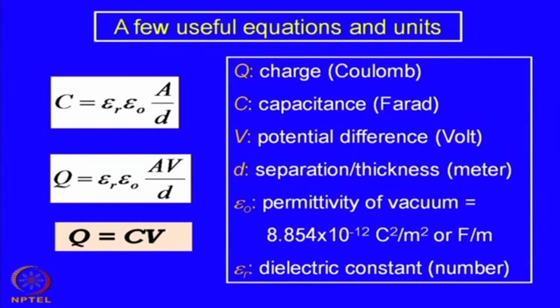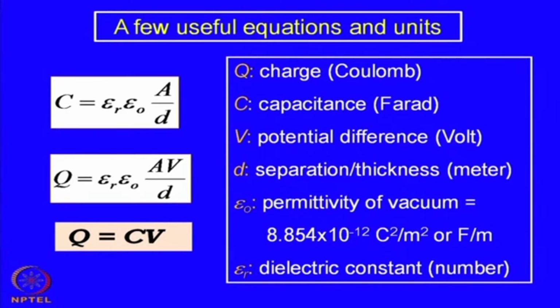V is the potential difference in volts, and small d is the separation, or the thickness of the insulator, in meters. Epsilon naught, which is a constant, is the permittivity of the vacuum, sometimes called the permittivity of free space, and its value is 8.854 times 10 to the minus 12 coulomb square per newton meter square, or farad per meter.